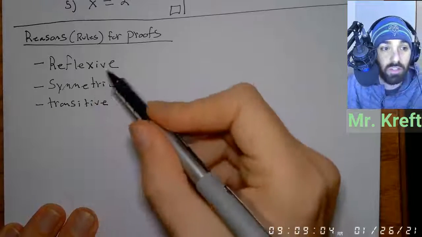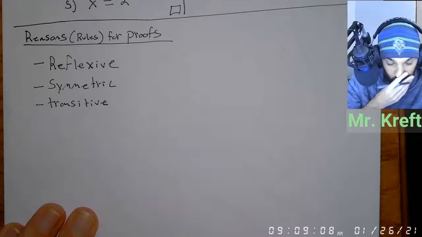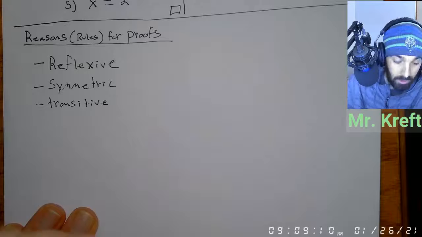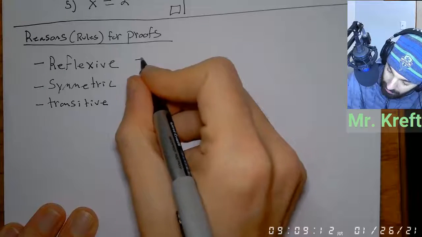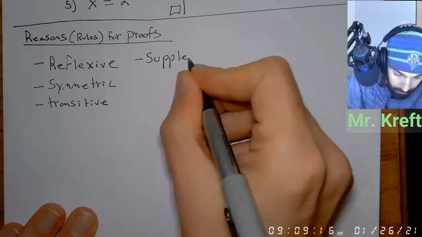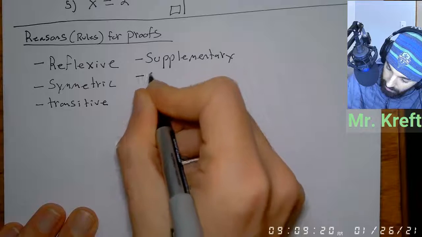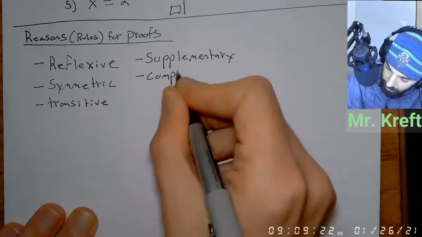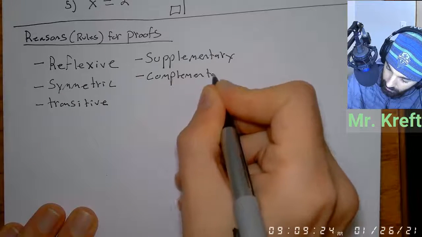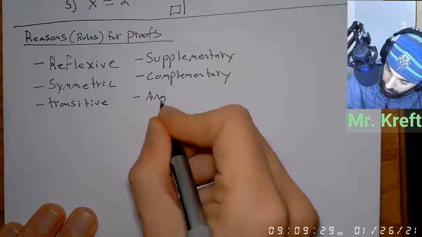Okay, so we talked about these last time, right? Reflexive, symmetric, transitive, and those were on your homework as well. So some other ones we had, some older ones. We talked about supplementary, and then complementary. We talked about angle addition.